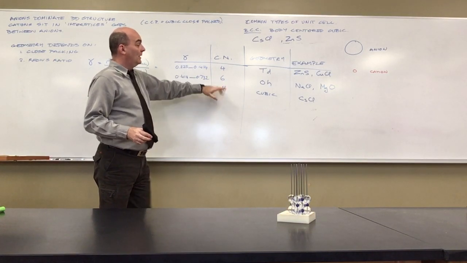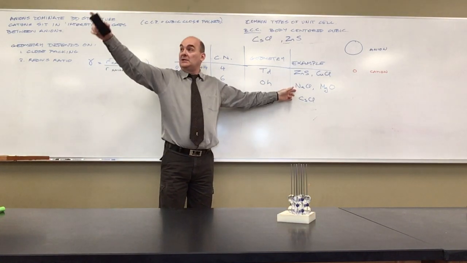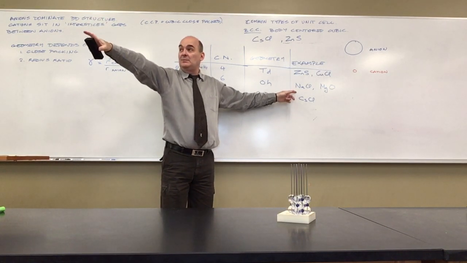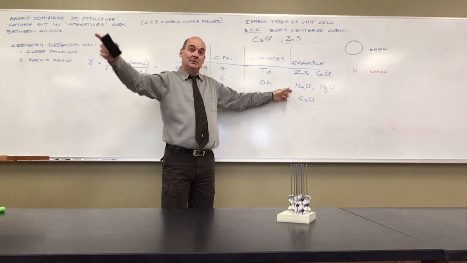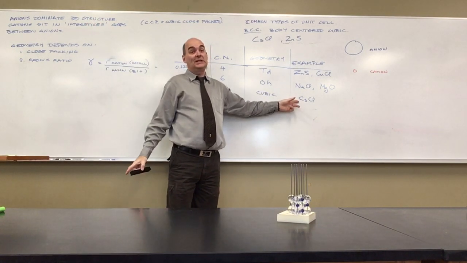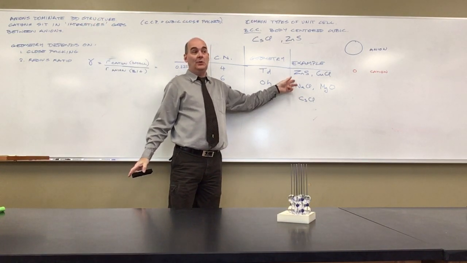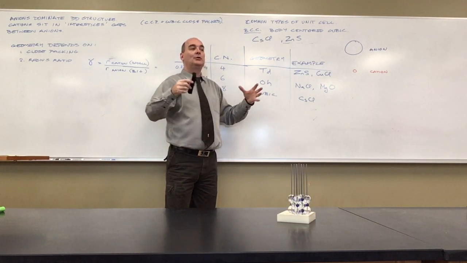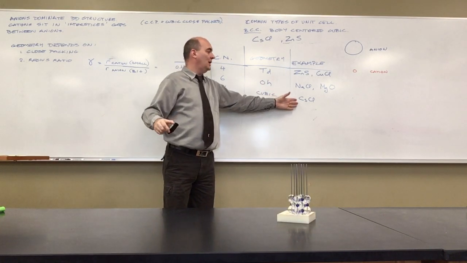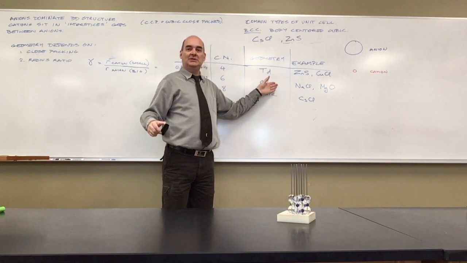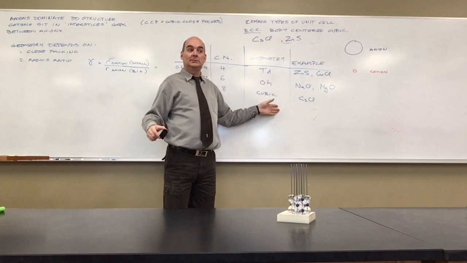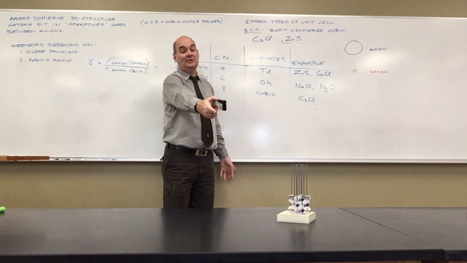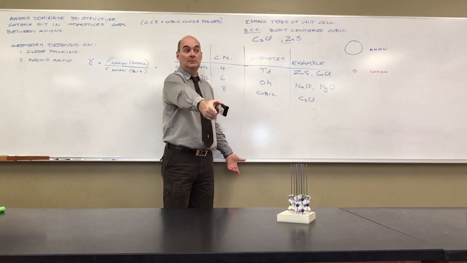As you look down the periodic table, sodium is in period 3, cesium is in period 6. So cesium is significantly larger than sodium. And as it swells, it pushes out its coordination number from 6 to 8. Okay, just demands a little bit more space. But look at how much space it's actually demanding, very little.